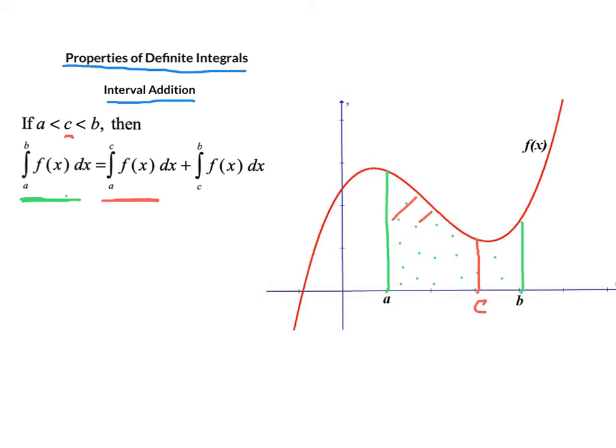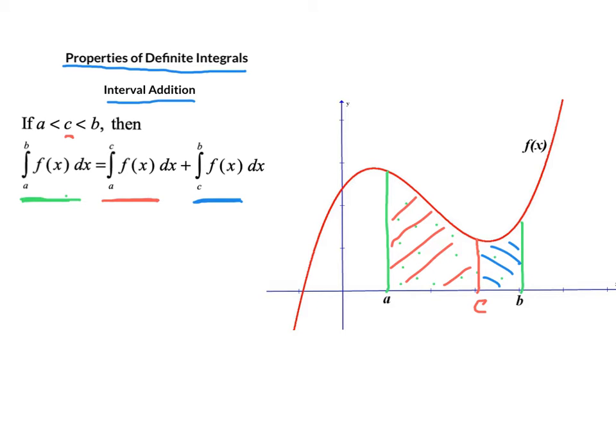That would be this much. And then to that we're going to add the integral of c to the right end point of the whole region b. And that would be this smaller region here on the right.